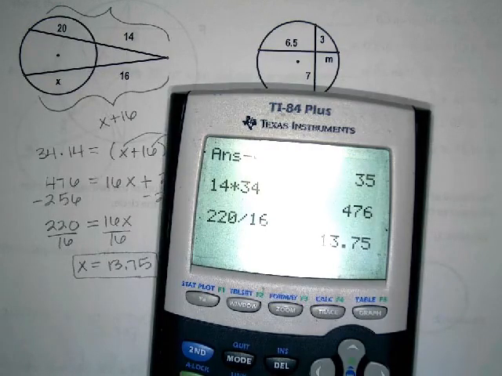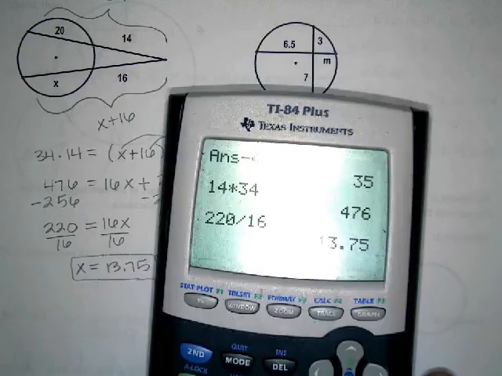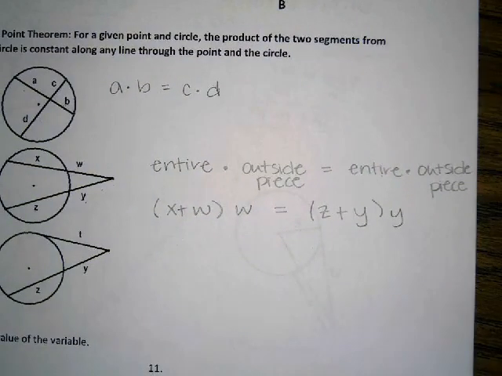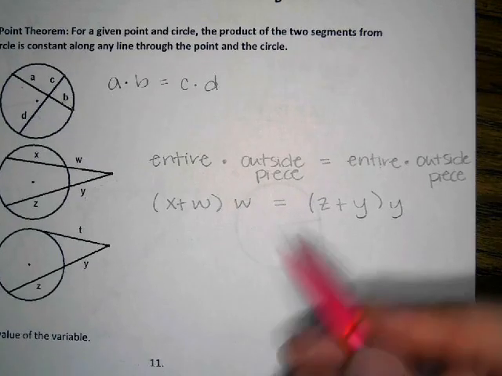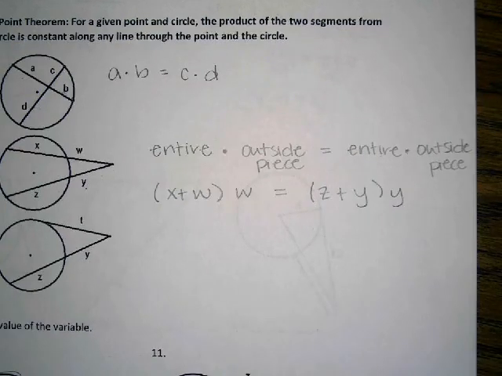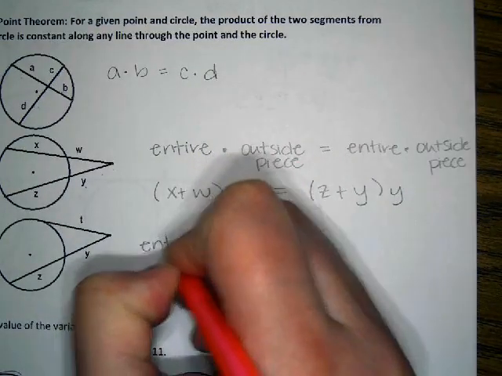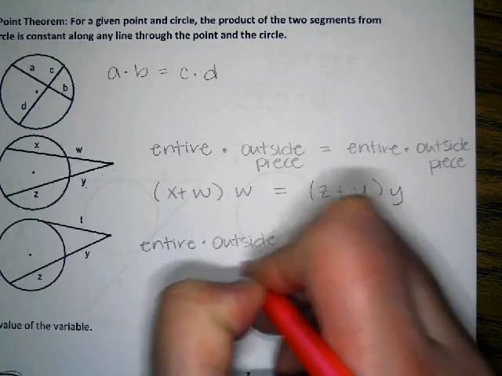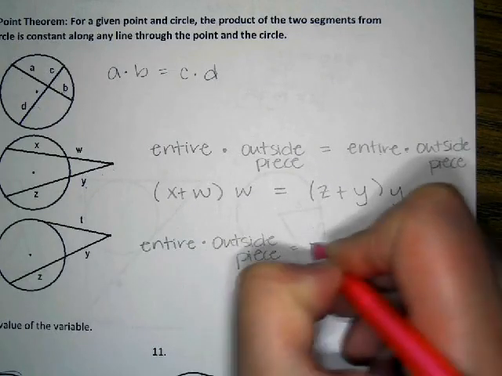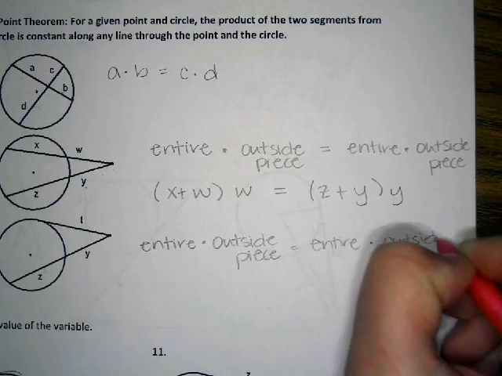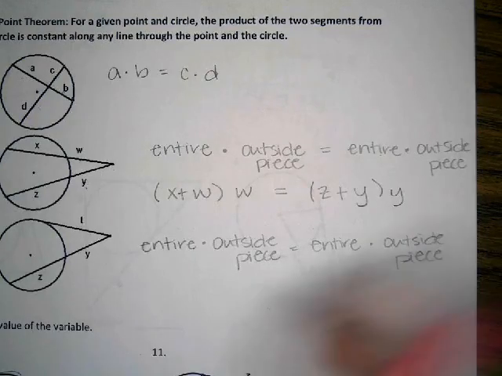Let's write down the formula for the next one. I actually like to write it down the same way, even though the picture looks different, because you can write it the same way. So I'm still going to say it's the entire length times the outside piece equals the entire length times the outside piece. And I'm just going to know that for this top one, the entire length is the outside piece.